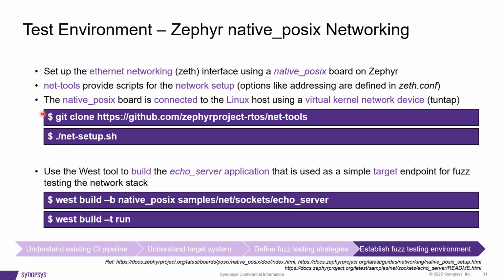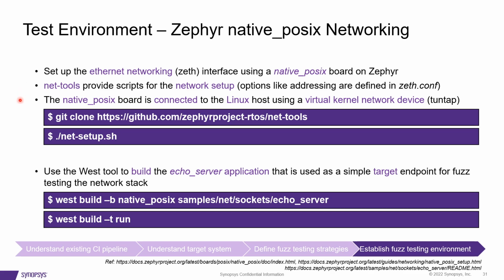As a next step, we have to set up our native POSIX networking environment. And the way we do that is we create this ZATH interface for the native POSIX board on Zephyr. We use the NetTools scripts for the network setup to configure, for example, the IP address for the native POSIX.